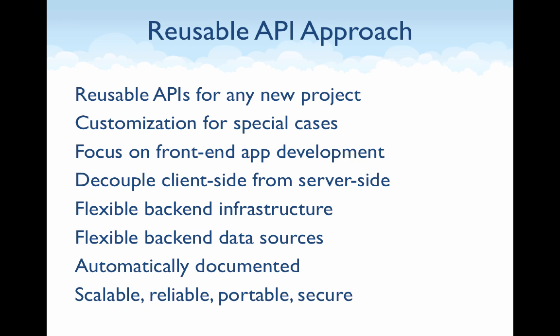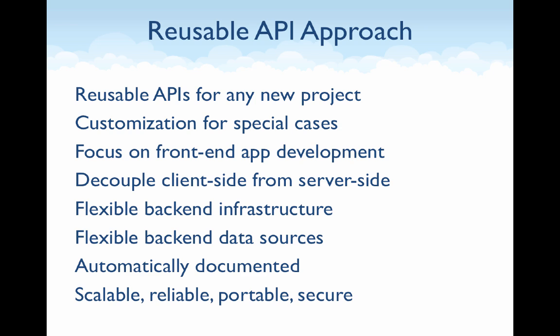This lets you focus on front-end application development, and the way that it does this is because, as you saw in the previous slide, you're decoupling the client side from the server side. The API is abstracted in a way that you can literally use any client-side technology and then use any server-side technology, such as different databases, different data stores, and the API works identically regardless of which back-end and front-end technologies you're using.